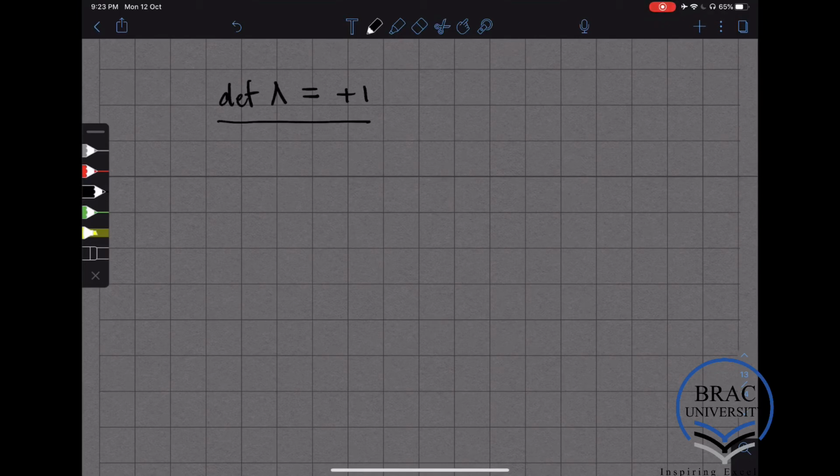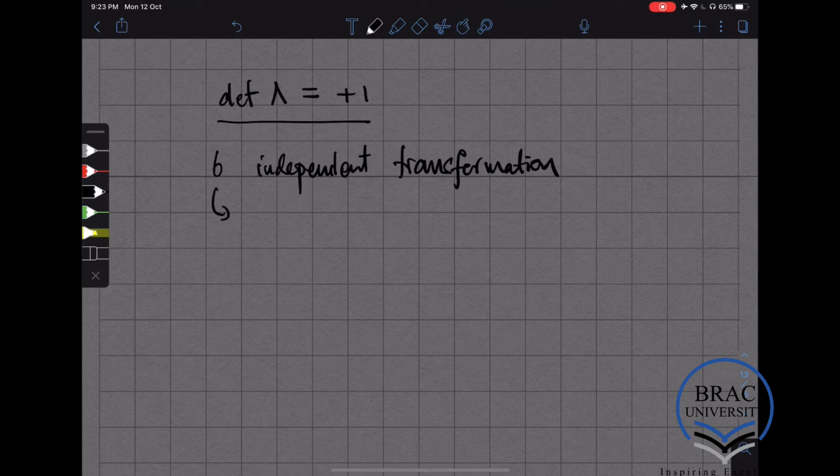So these transformations, there are actually 6 independent transformations. What do I mean by 6 independent transformations? There are 6 independent parameters. And 3 of them are rotations.